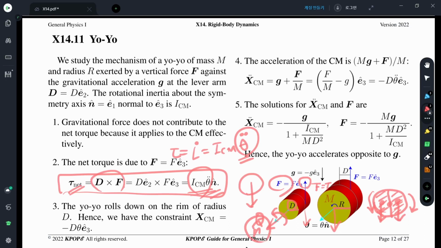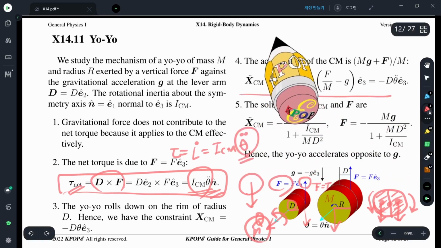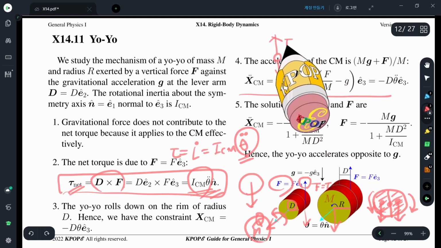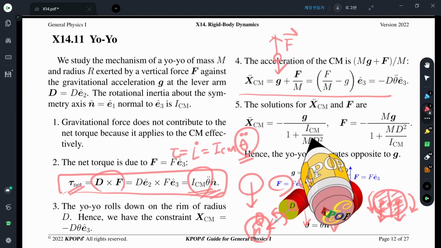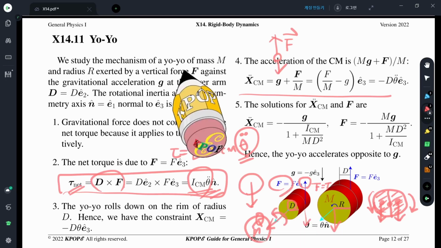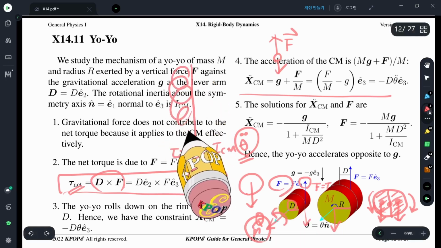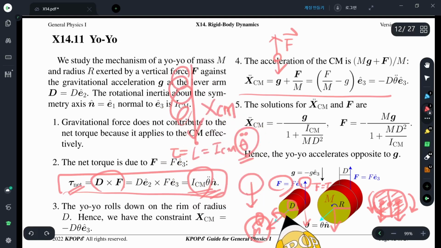In addition, the net force on the system is this. Gravitational force is down, and the tension, the F, is up. These two forces are applied in here. So if theta increases, it is rolling down, so the center of mass will move down, right?